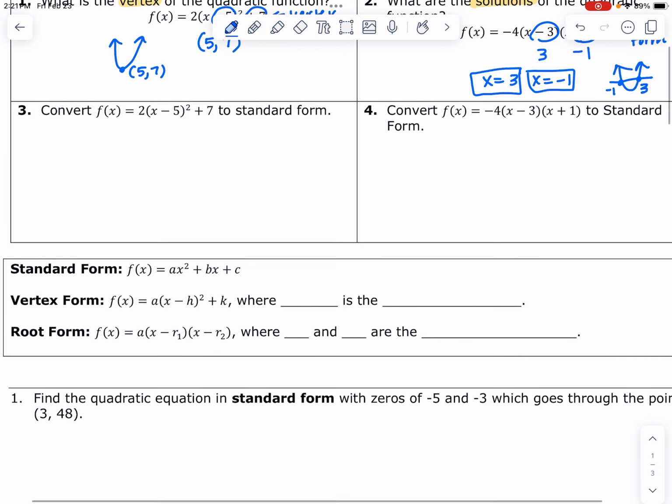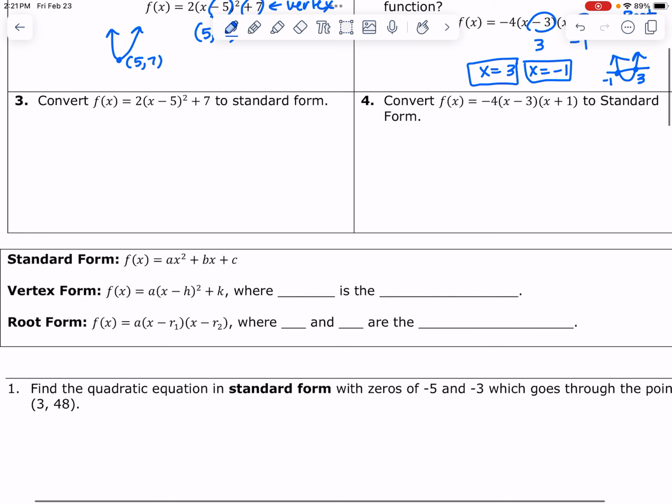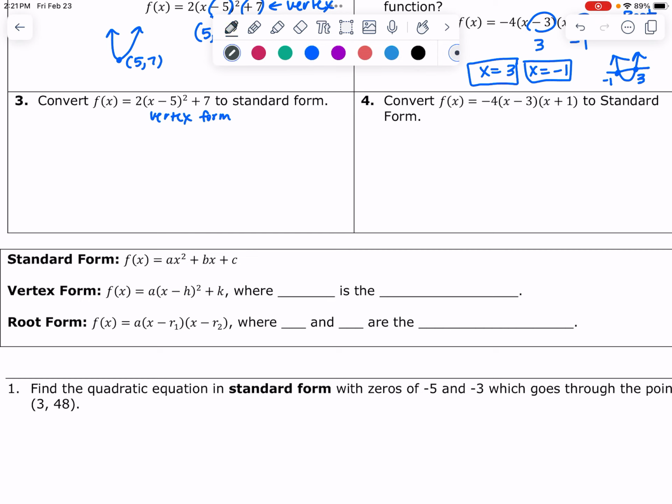Okay, last class we converted vertex form to standard form, and so we're going to practice that. Okay, and so the first thing you want to do is I like to rewrite the (x minus 5) squared as (x minus 5) times (x minus 5).